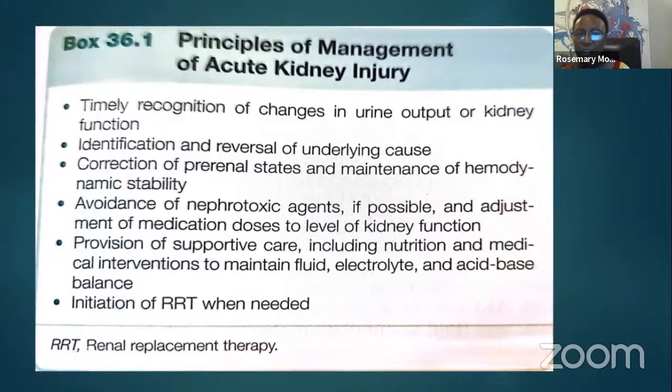And then avoidance of nephrotoxic agents, and if possible, you adjust your medication doses to the level of kidney function. Also, provision of your supportive care, including nutrition and medical interventions to maintain your fluid, electrolyte and acid-base balance, and initiation of your renal replacement therapy where it's needed.